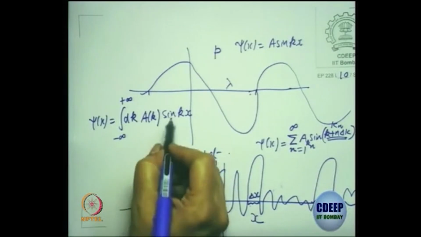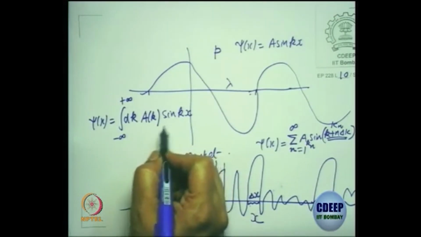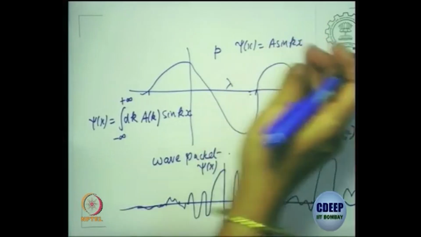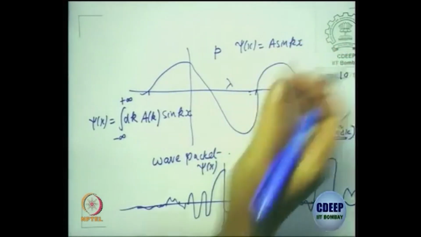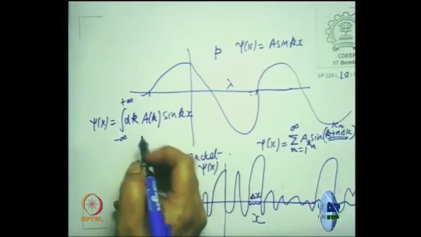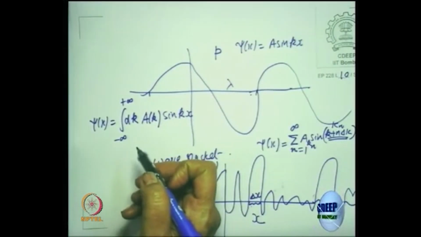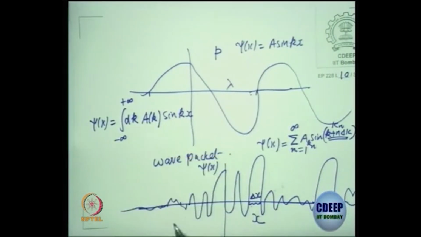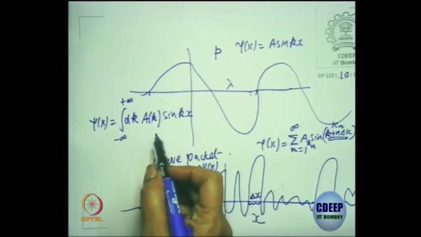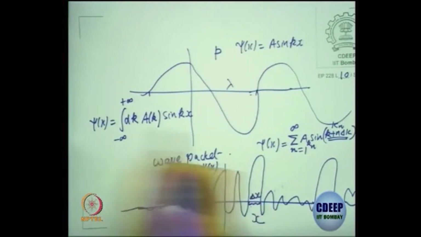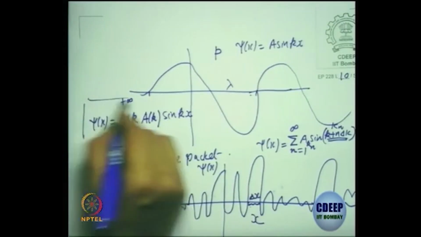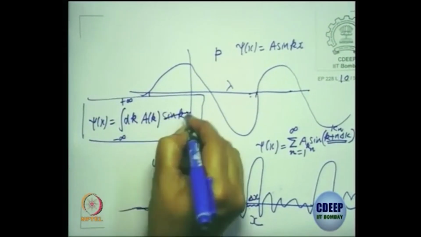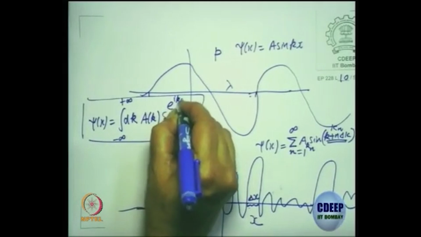We wanted to keep the sin kx, but formally it may not be the general case, you will have a cos kx also. So I said we could try and rewrite this as e to the power of ikx and A of k. So what is A of k to be interpreted as here? Suppose I replace this by e to the ikx.